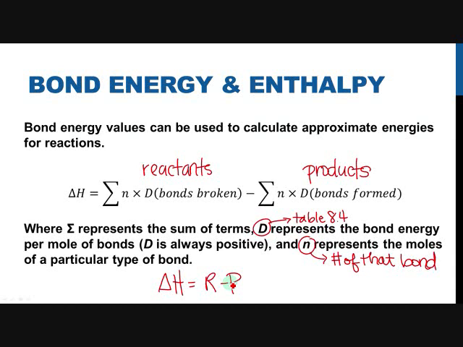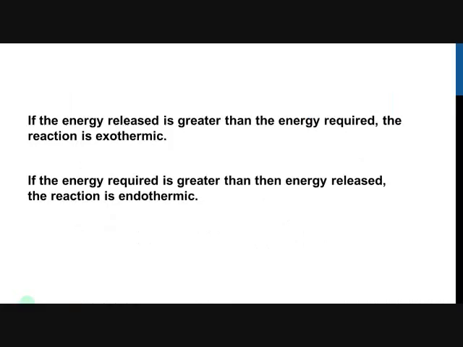In 8.5, we actually switch around, but for now, it's reactants minus products for these bond energy values. Now, if the energy released is greater than the energy required, the reaction is exothermic. If the energy required is greater, then it's endothermic. What does that mean? In different terms, it's still saying the same thing.